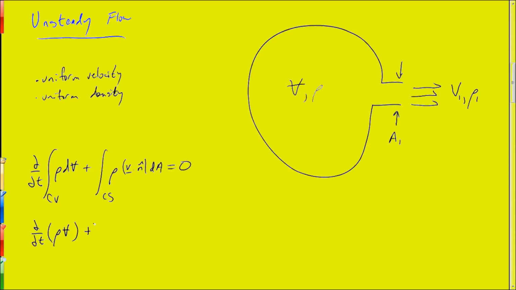Well, looking at the control surface, if we assume that the velocity is constant across the surface and the density is constant across the surface, then this is all going to just reduce to rho1 v1 A1 equals 0, where we note that the direction of the velocity and the direction of the normal pointing vector are the same, and therefore v dotted with n gives us a positive number.